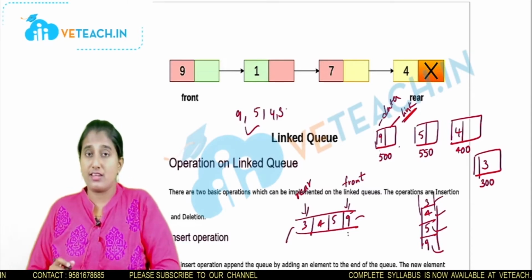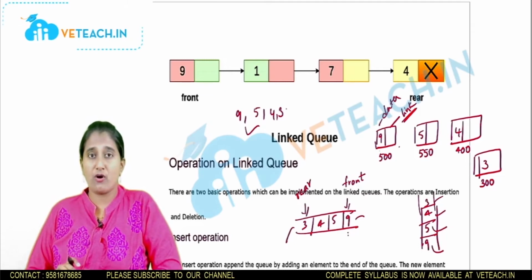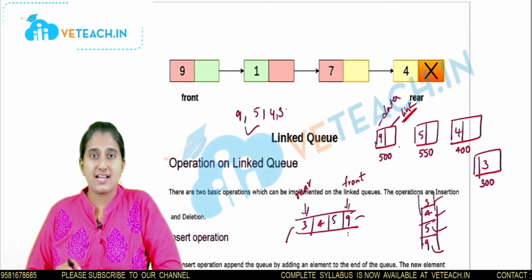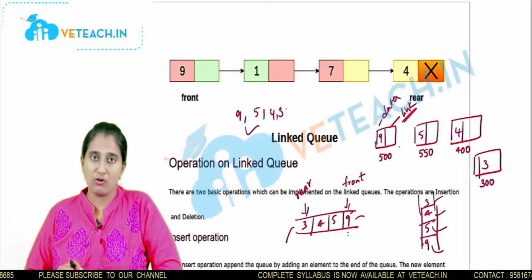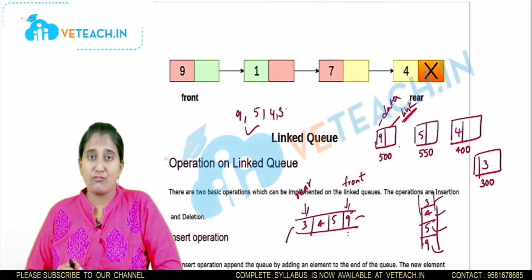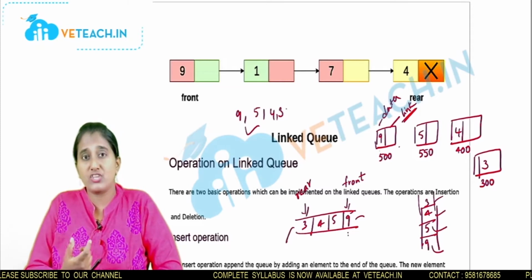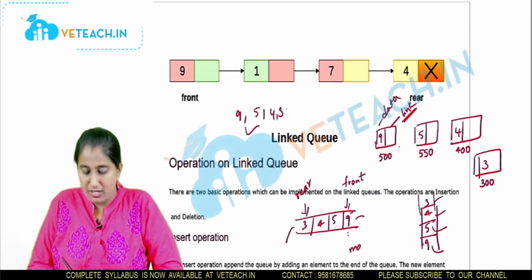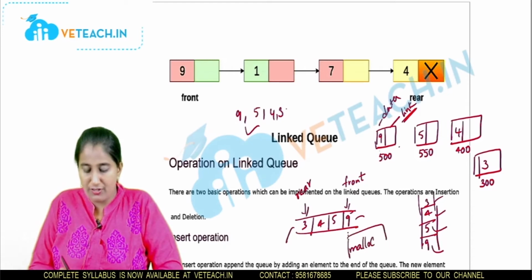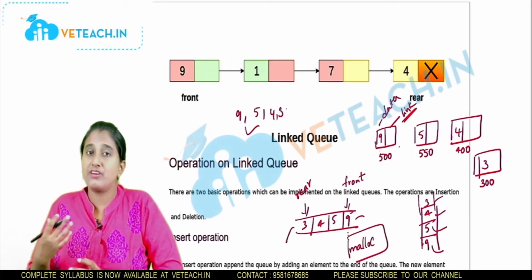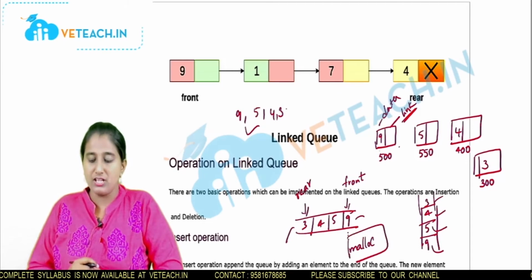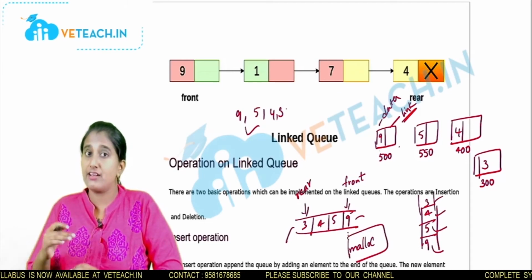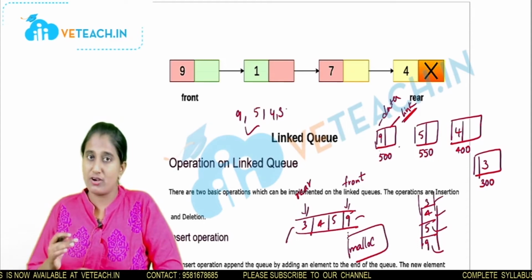See, the memory allocations will not be in order. Why? Because it is dynamic memory allocation. While creating the memory, which function do we use? We use the malloc function. The malloc function creates the memory dynamically, randomly. That is the reason each node is created at random memory locations, not in sequence.